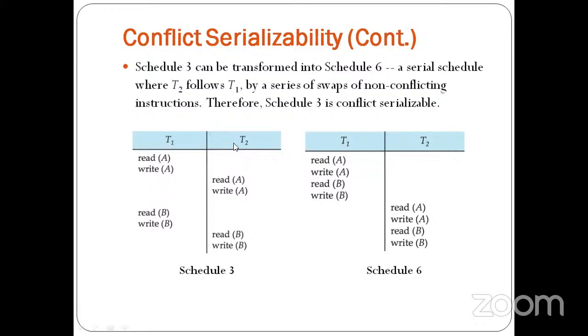Here, if you observe, T1 and T2 are two transactions: read A, write A in T1, then the same in T2, read A, write A. After that in T1, read B, write B, and in T2, read B, write B. Then all A operations are done at a time: read A, write A, read B, write B, and the same for the next transaction. So this is schedule 3 and schedule 6.